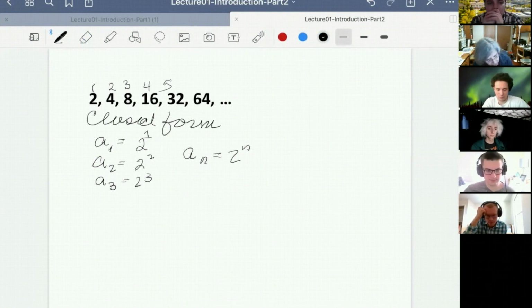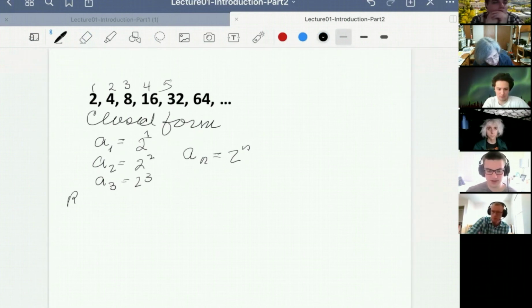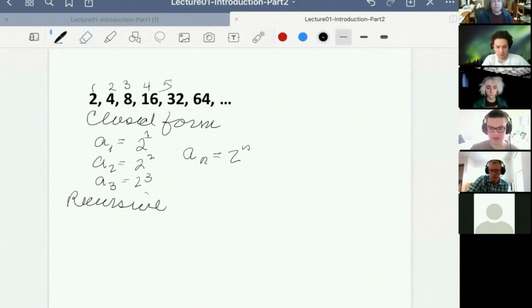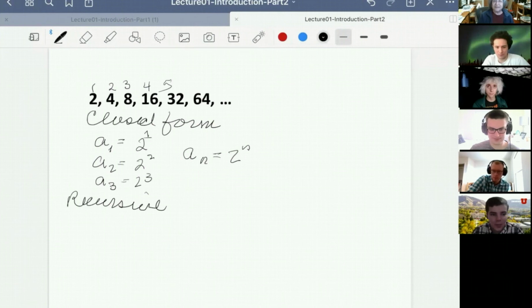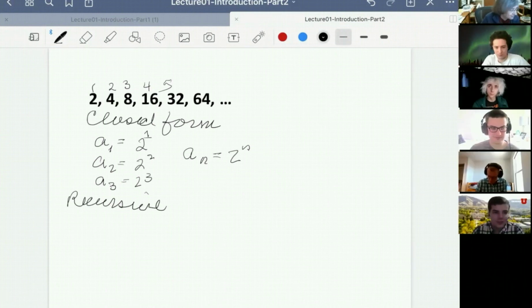So what is the recursive form? Kobe has his hand raised. Yes. I had my hand raised when we were asking what is the closed form. Ah, okay. Well, do you want to take a stab at the recursive form? Sure. Well, it's A sub n equals A sub n minus 1.